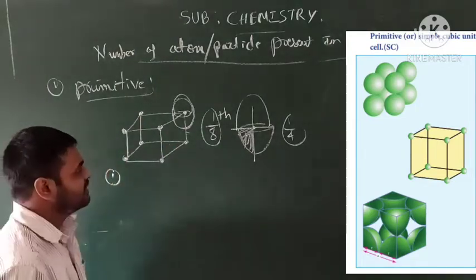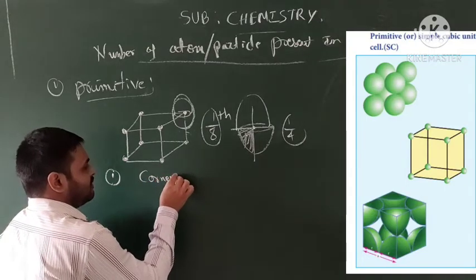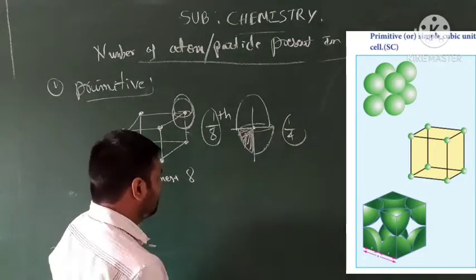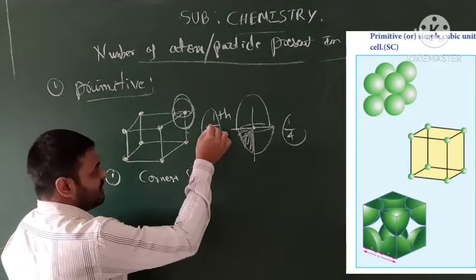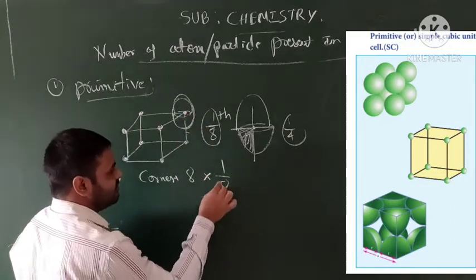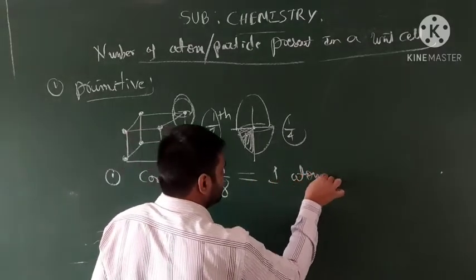So first point, the corners. How many corners are there? Total 8 corners. In these 8 corner atoms, how much of each atom is inside? This is a 1/8 part. That makes one atom.